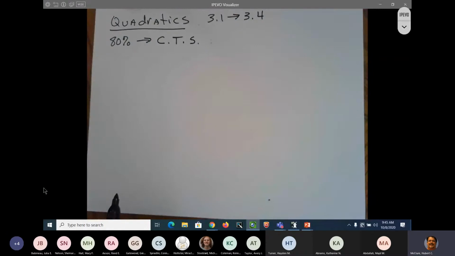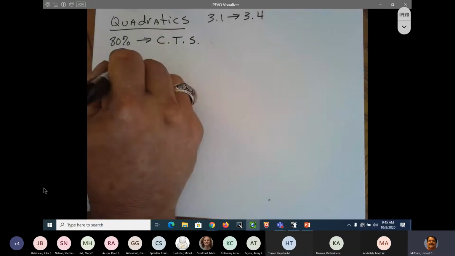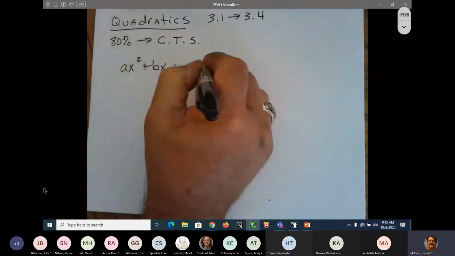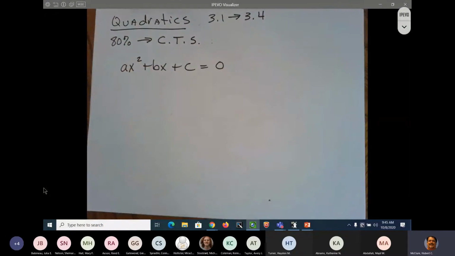Now, in quadratics, you have the quadratic equation, which is ax squared plus bx plus c is equal to 0. And that is a parabola. Remember our family of graphs? This is a parabola.